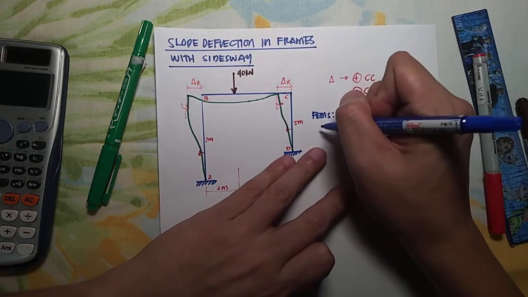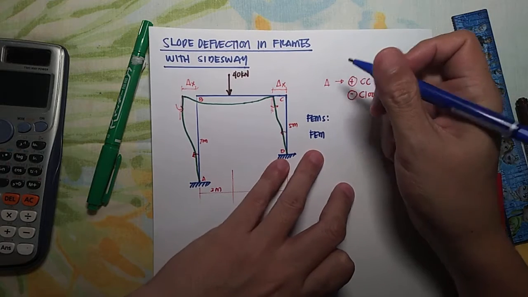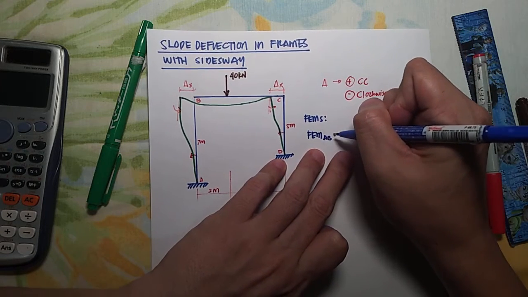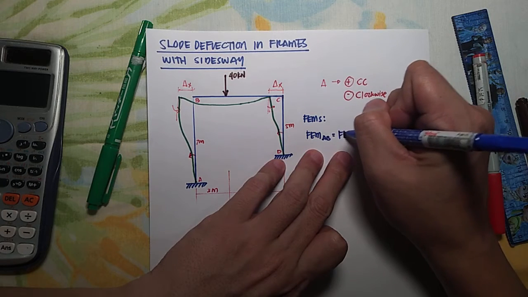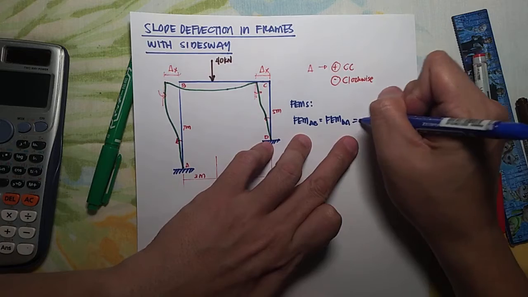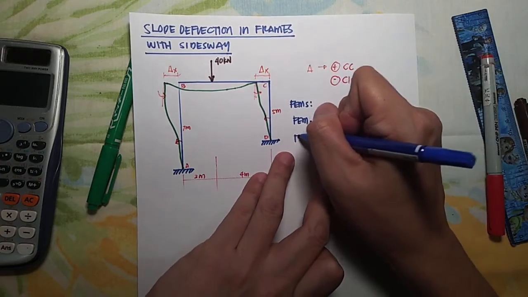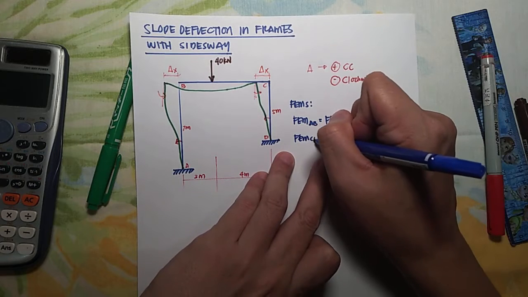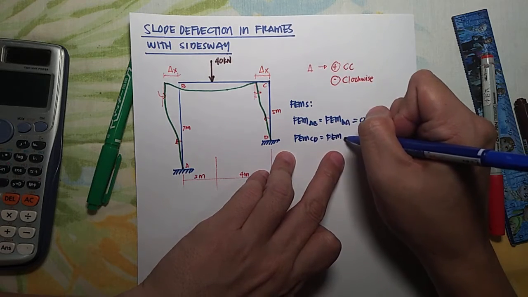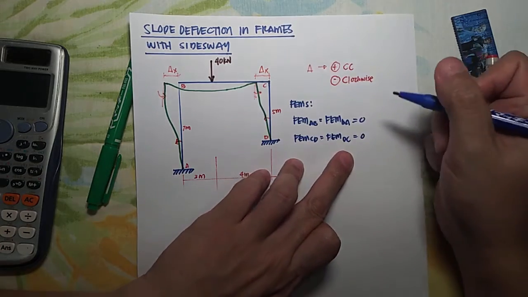Therefore, the FEM on member AB, which is also equal to the FEM on BA, would just be 0 because there's no load. Likewise, for member CD, the FEM on CD, the same as the FEM on DC, since there is no load there, so that would also be 0.